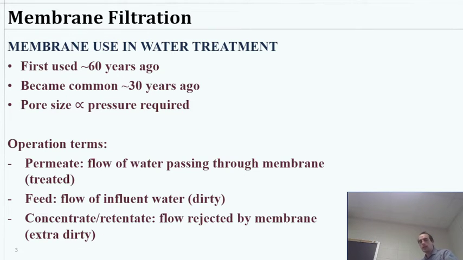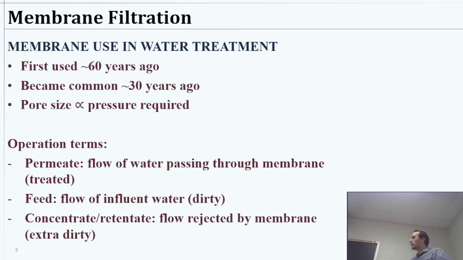So in a sense, membranes are relatively new technologies for water treatment. First uses were about 60 years ago for any type of water treatment, but they really became more common about 30 or so years ago.